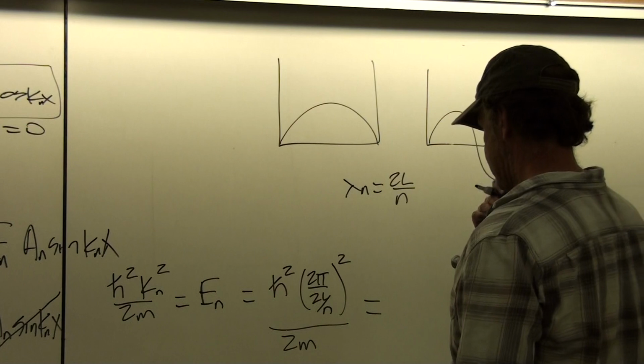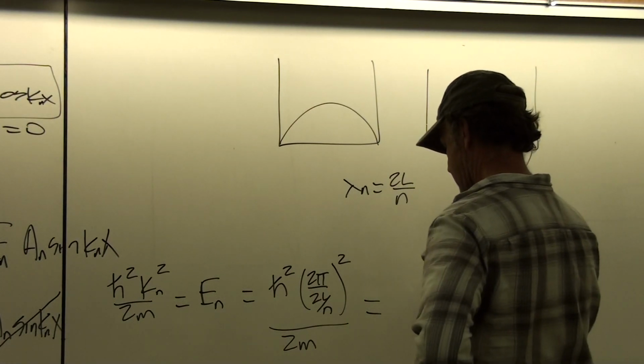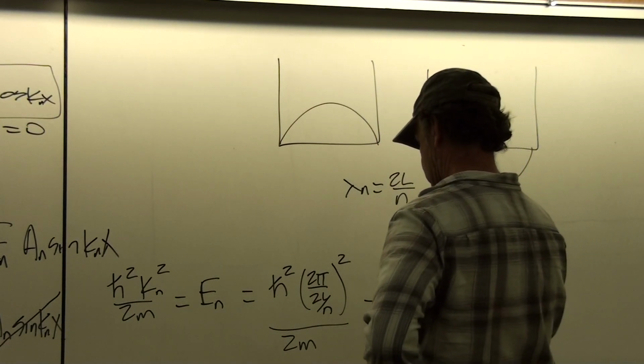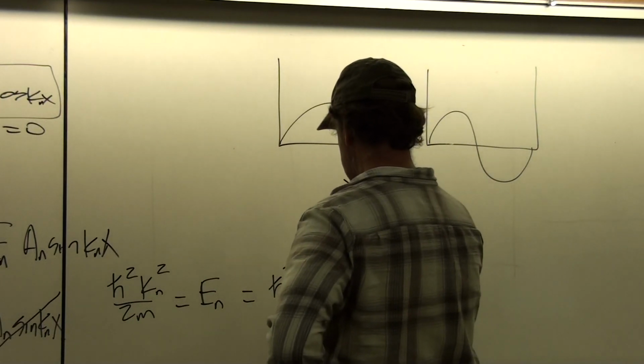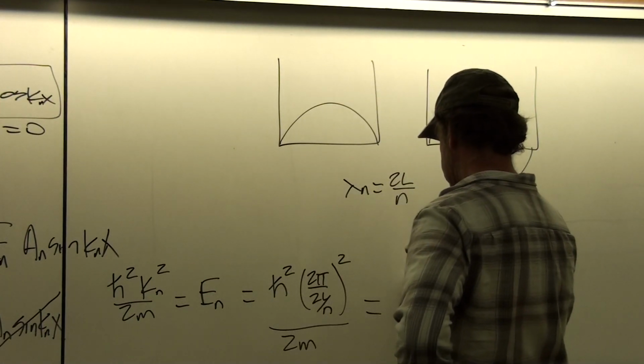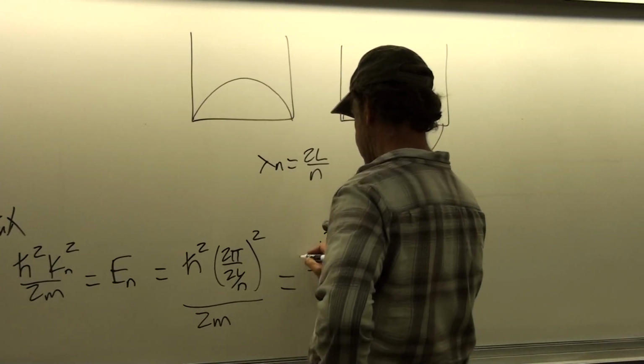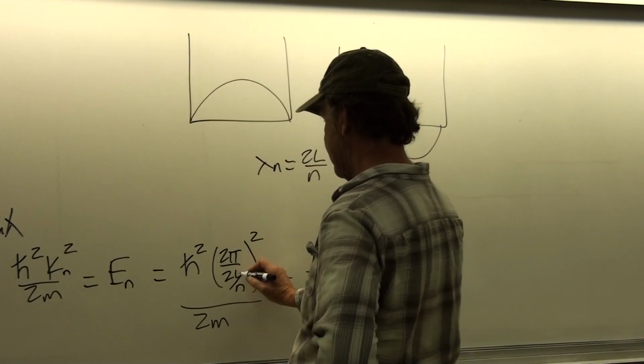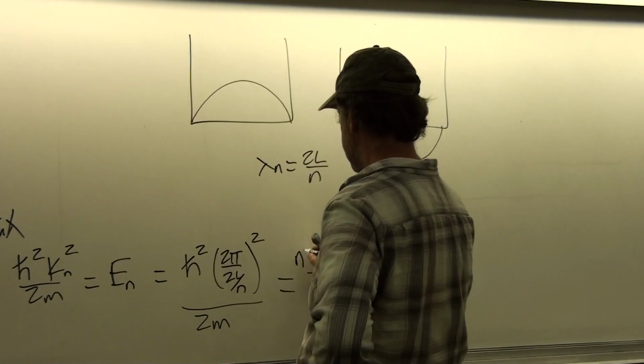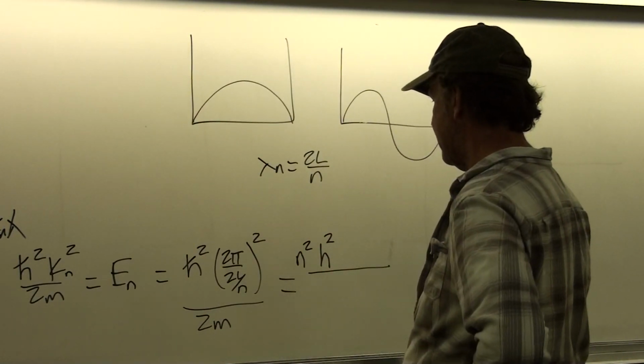Or that's equal to, the h bar squared and the 2 pi squared are going to cancel. That gives me h squared over, and then there's an n here in the denominator of the denominator. That's squared, so that flips up to the top.